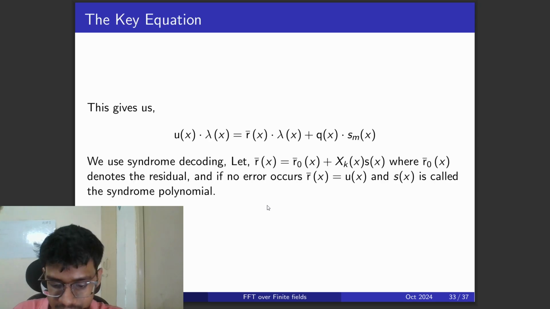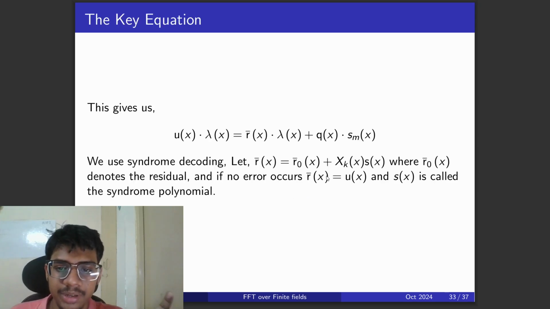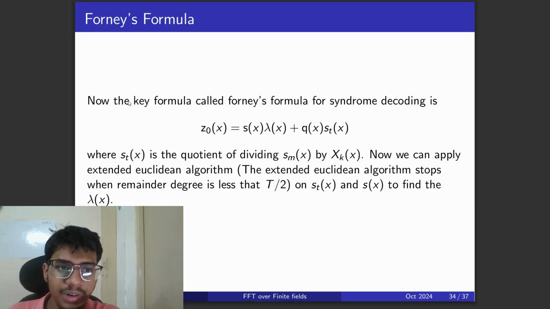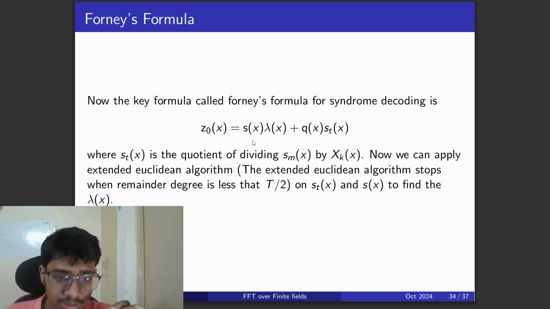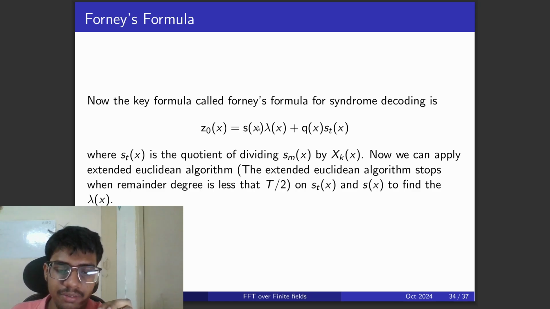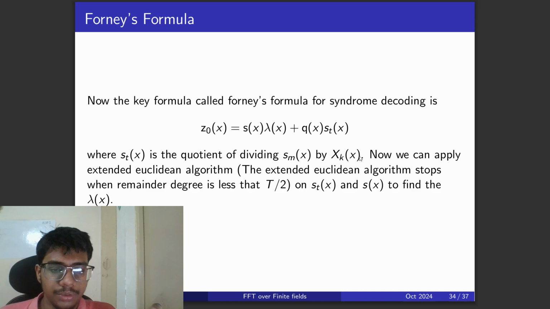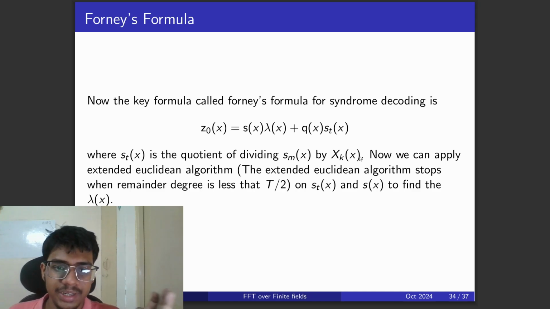Now, some manipulations, by manipulation I mean we are just dividing here by xk of x, and we will get a Fourier formula, which is z naught of x equal to s of x lambda x plus q of st of x. And st of x is nothing but sn of x by xk of x. So we have just done some manipulations to find lambda x.